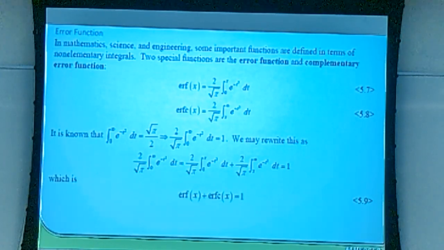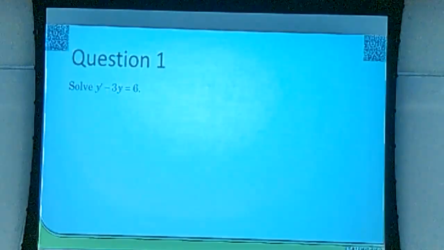In which case you'd have to leave your solution in integral form. But if you get one of these, you can write it in terms of your error functions. So let's go about solving.